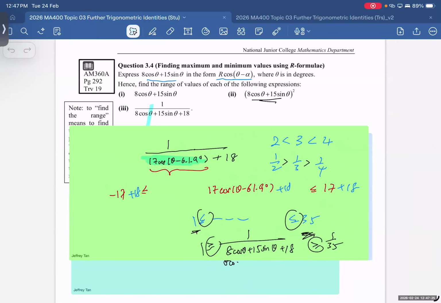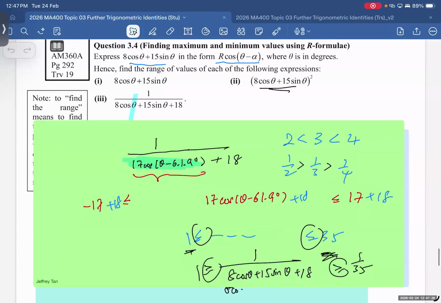Okay, 3.4 part 3. 3.4 part 3, right? Okay.